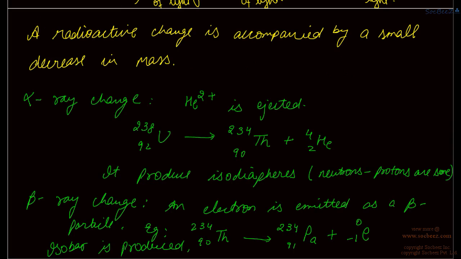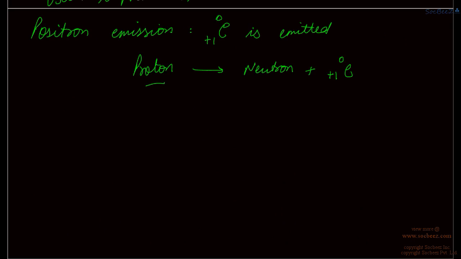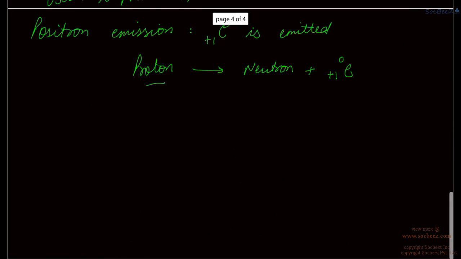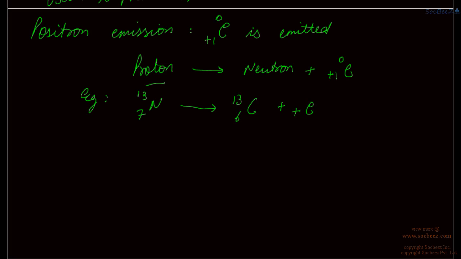Contrary to beta change, where a neutron gives a proton plus electron, here a proton dissociates into a neutron and a positron, and the positron gets ejected. The example here is nitrogen 13 with atomic number 7, which gives 13C6 plus 1 positron.